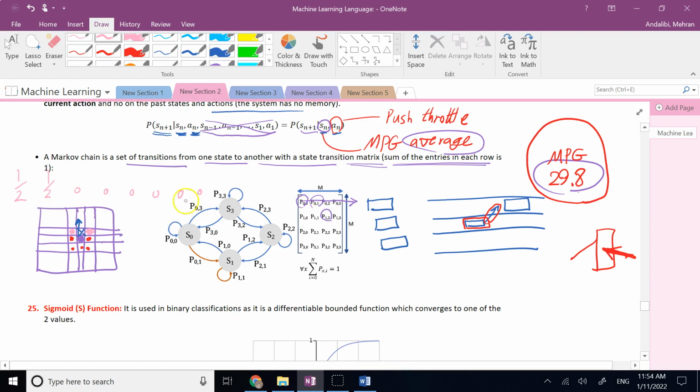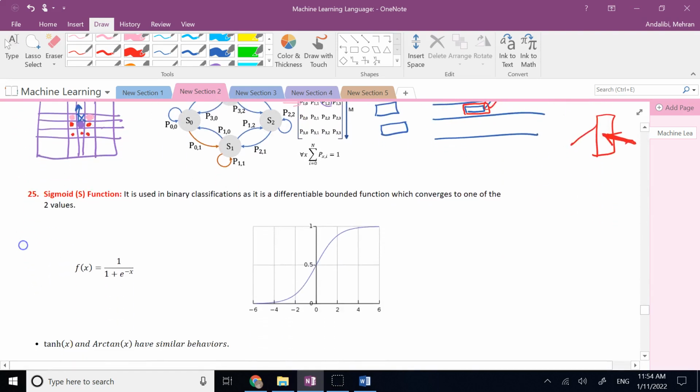So depending on what you do, each row shows the chance of you going from one state to all other states. And when you go to the next row, now your center of focus is going to change to another cell, another state. So we have this guy called the state transition matrix, and as I said, the sum of the numbers in each row has to be 1 because it's all the different transitions you can possibly have.